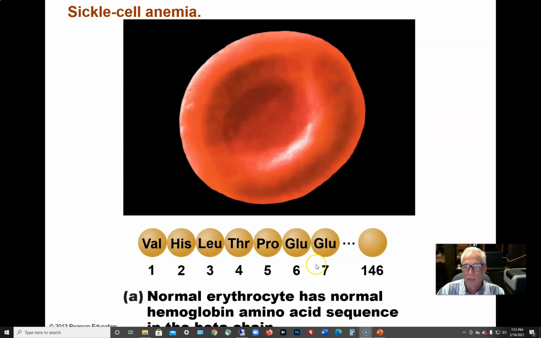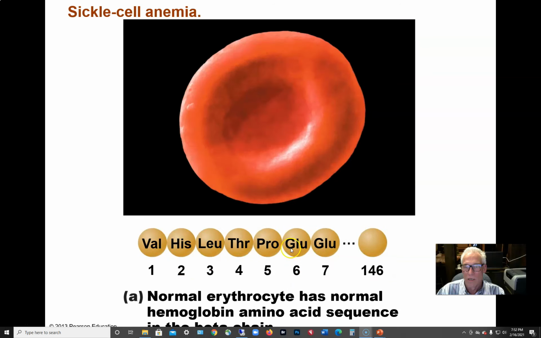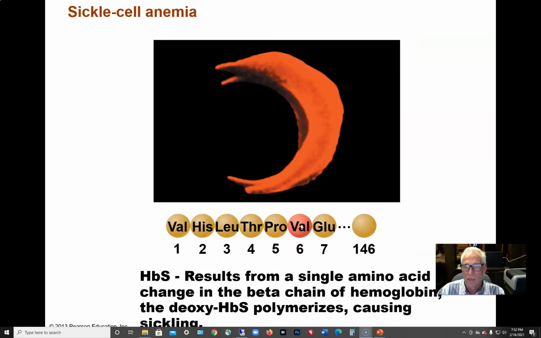Sickle cell anemia results from a genetic mutation in which one single amino acid in one of the globin chains is substituted. It's mutated. It's changed. So let's take a look at that. All we're going to do is take this one glutamic acid and replace it with a valine.